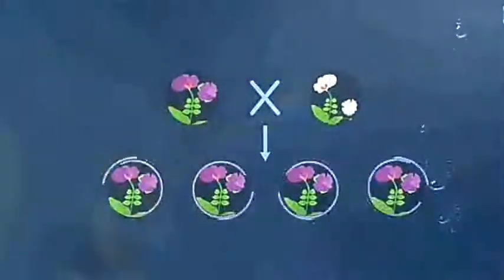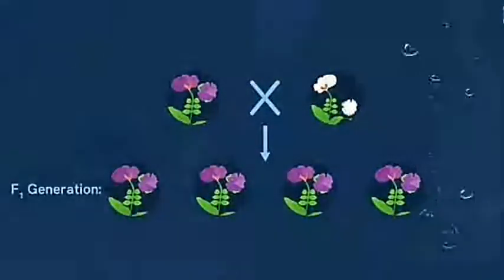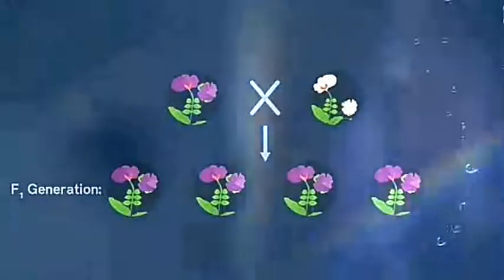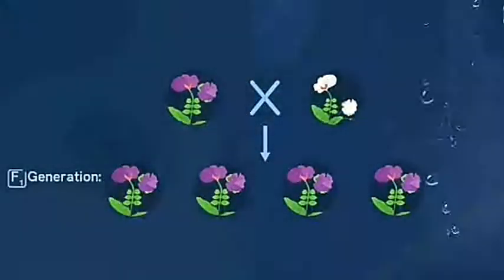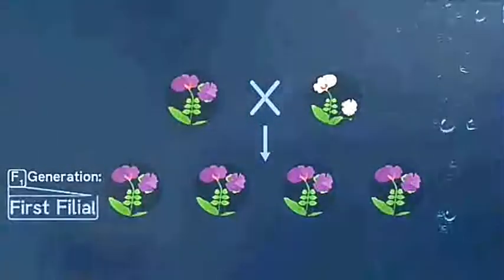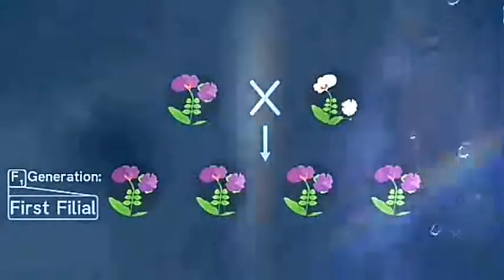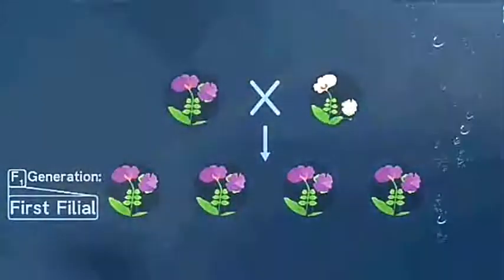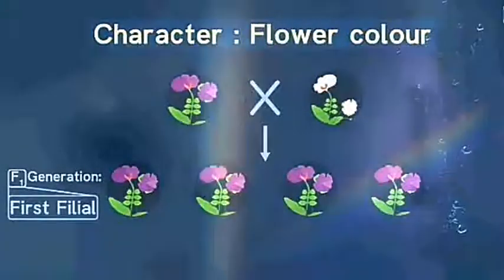So we named the plants gotten from the first cross of Mendel the F1 generation, also called the first filial generation. Mendel named this color of flower a character.